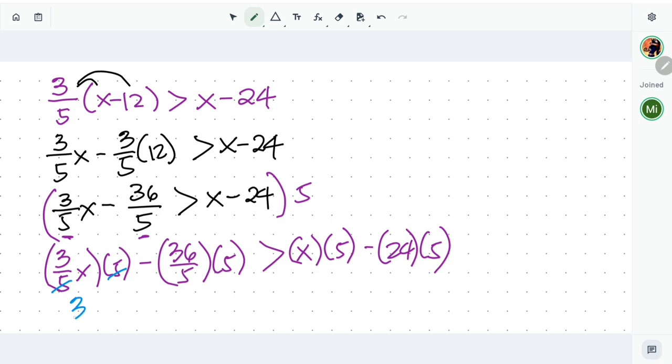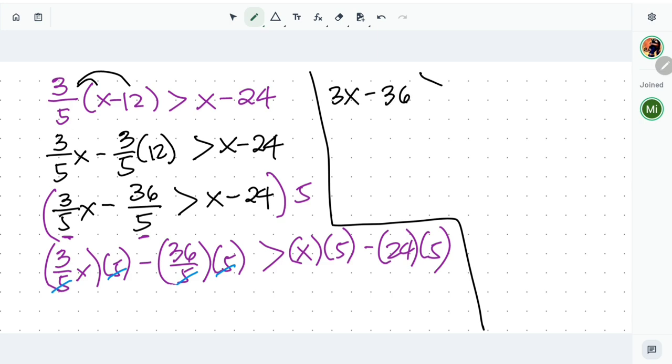So we're left with 3x minus 36 greater than 5x minus 24 times 5, which is 120.